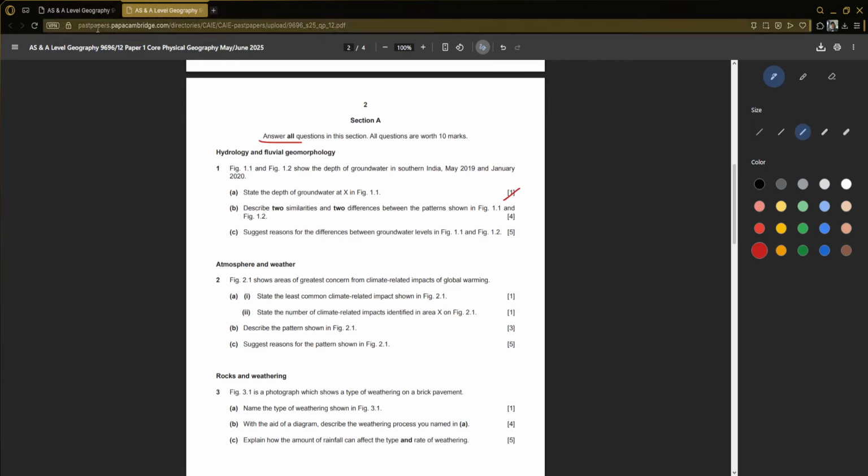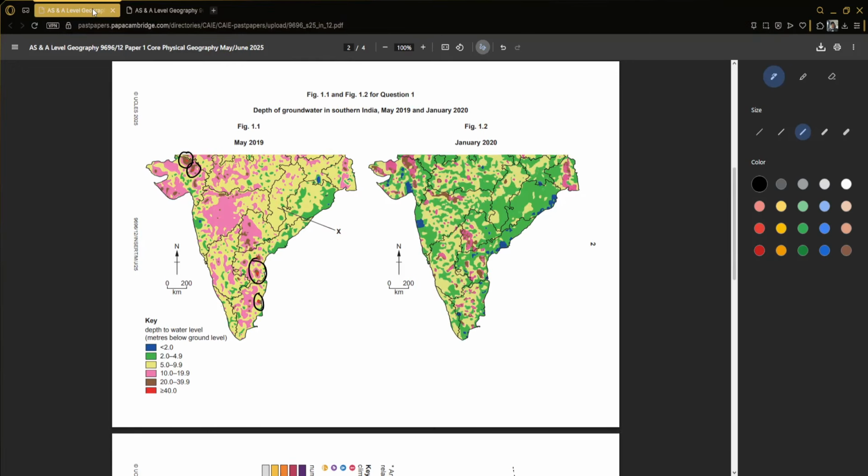For similarities in this figure, it's much more difficult to visualize, because you can really see the differences, and that kind of clouds your judgment on what similarities there are. But you can look at some general areas. For example, in the northwest over here, the groundwater is still quite deep, right? If you compare it over here and here, there's still a lot of these pink and brown parts.